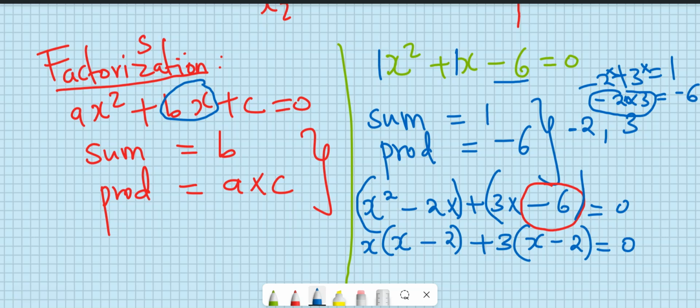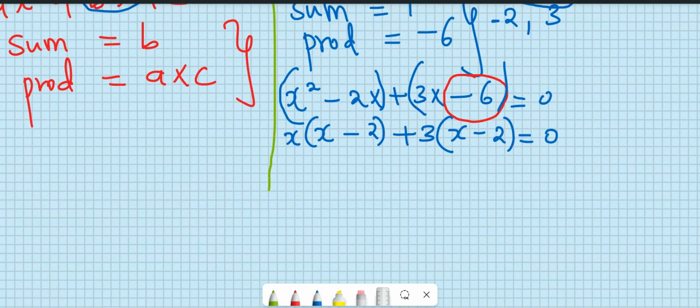Now the next step is simple. You need to pick whatever is in the bracket, on both sides, and combine it into one unit. Then also pick whatever is outside the bracket and combine it into one unit.